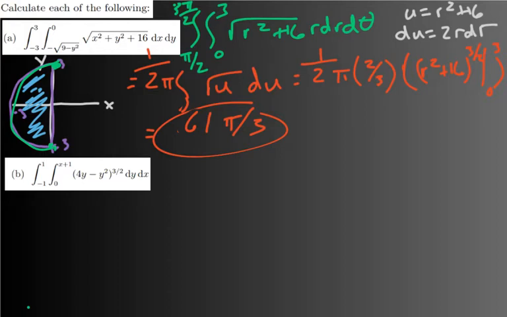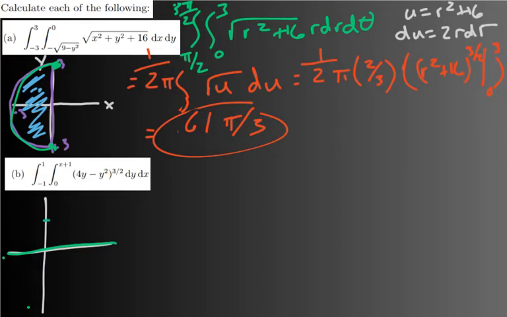All right, so for this last one, let's draw it first. I think this should be enough room. I'm going from, in y, y equals 0, which is, of course, the x-axis, up to y equals x plus 1.